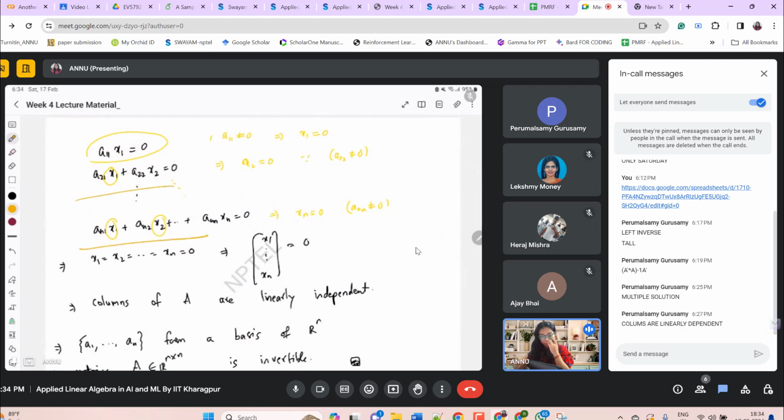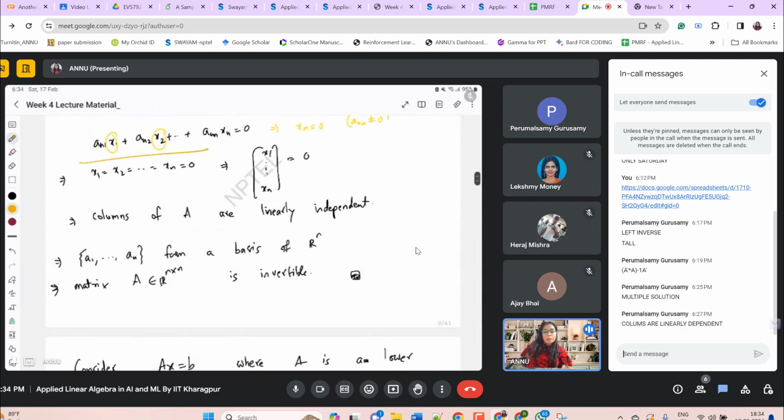If it equals 0, then a11 should be 0, similarly a22 is 0, and a33 is 0. That is the only case in which the lower triangular matrix has linearly independent columns.